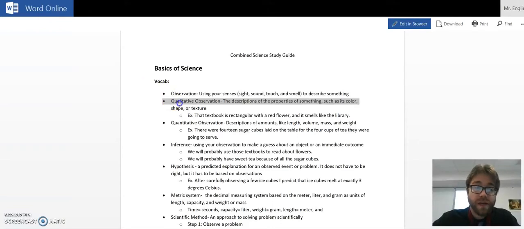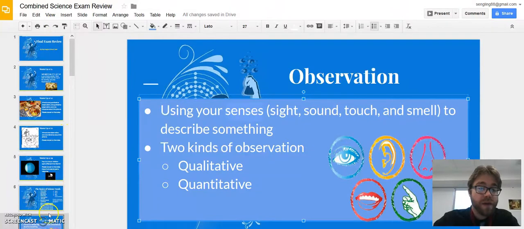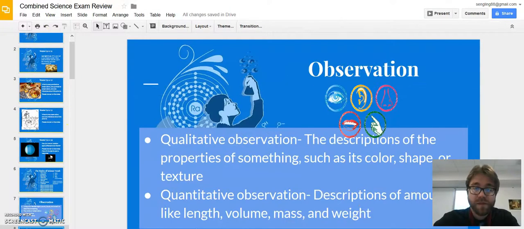The next two vocab words are qualitative and quantitative observation. A qualitative observation is the description of the color or the shape or the texture of something, just the feel of it, so to say.